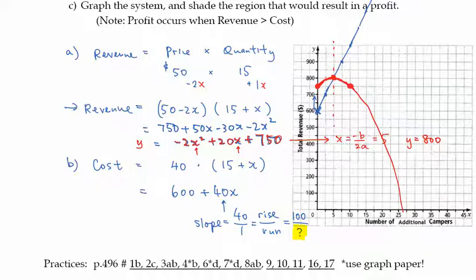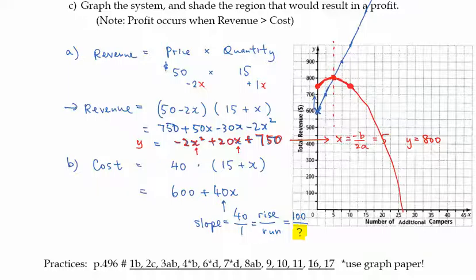Now that I've grabbed the system, I want to shape the region that will result in a profit. And profit happens when your revenue is bigger than cost. Well, technically, when the line for the revenue is above the line for the cost.